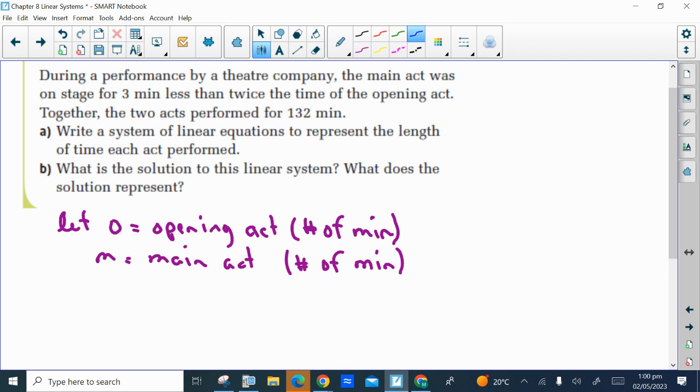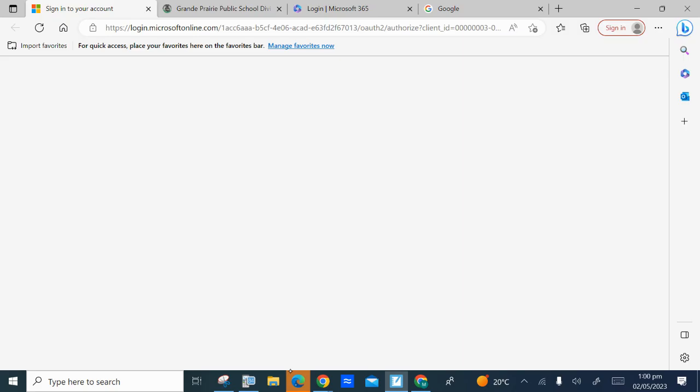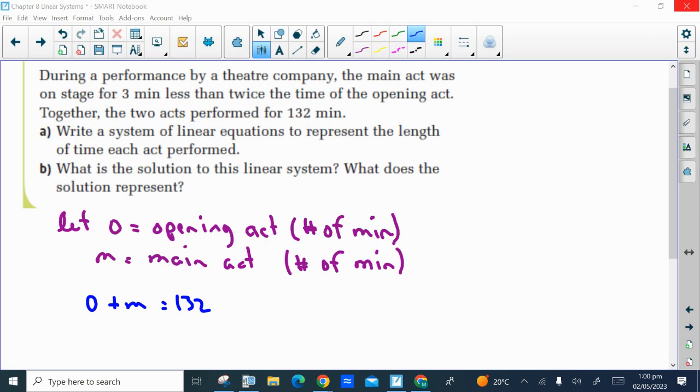The first equation is easy to write. Together the two acts perform for 132 minutes. So O plus M equals 132. So that one is easy. The second one is going to require a bit more thought.